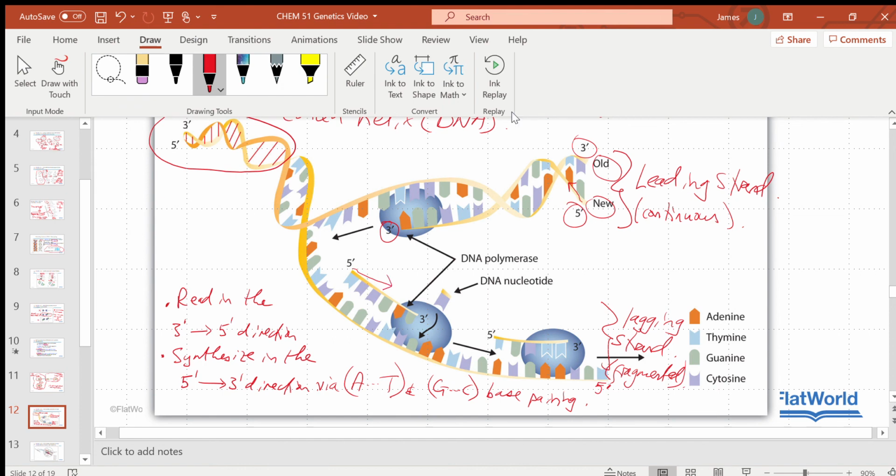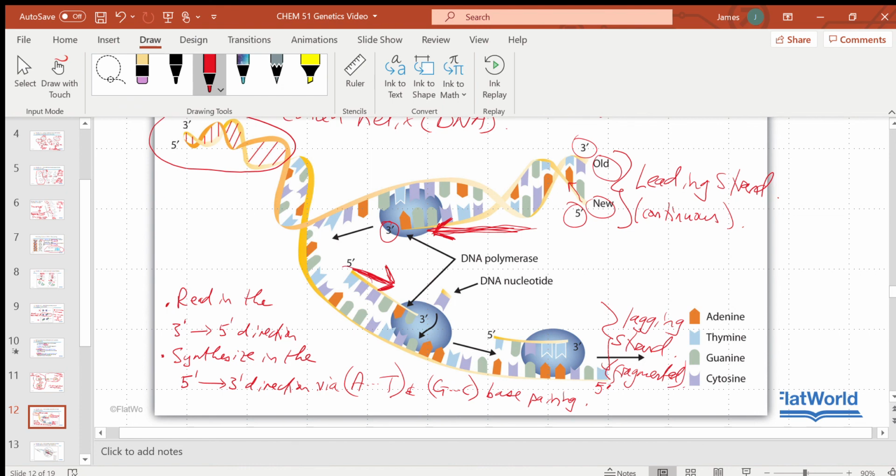I have to go in to the congested part here, and then I've got to synthesize in that direction. So you'll notice that I'm synthesizing, at least in this diagram, in the right to left direction for my leading strand, and I'm synthesizing in the left to right direction for my lagging strand. So I'm synthesizing in opposite directions.